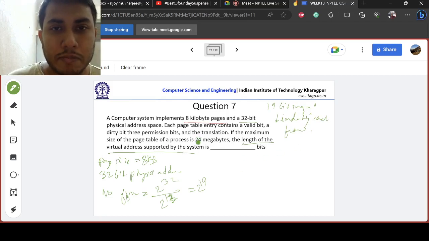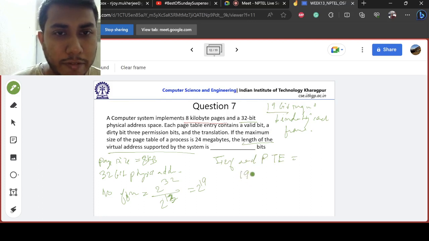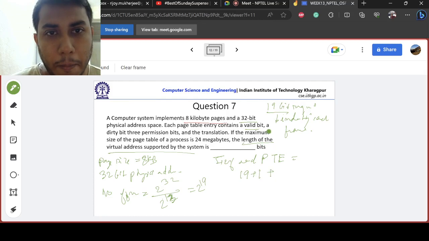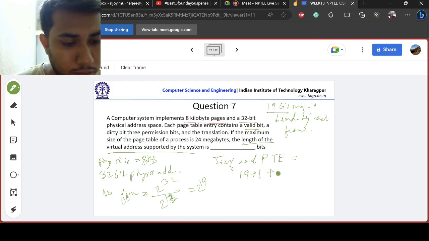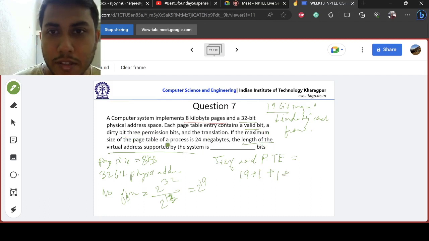So the size of each page table entry will basically be this 19-bit identifier plus a valid bit, one valid bit, plus one dirty bit, plus three permission bits.